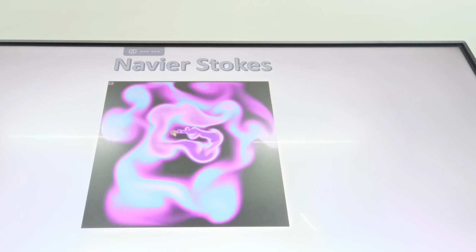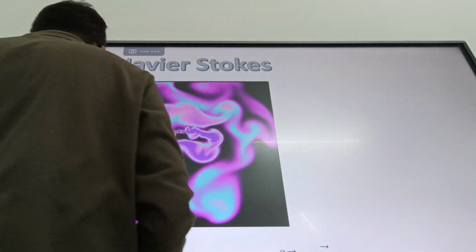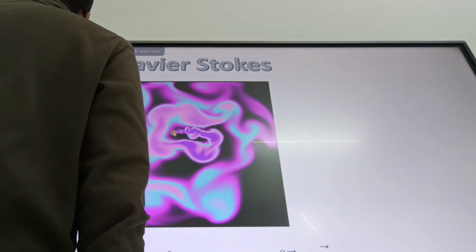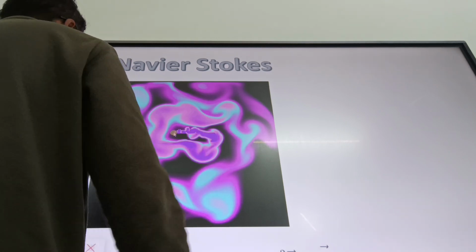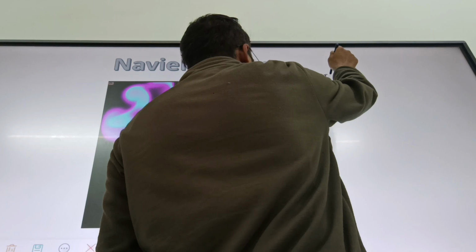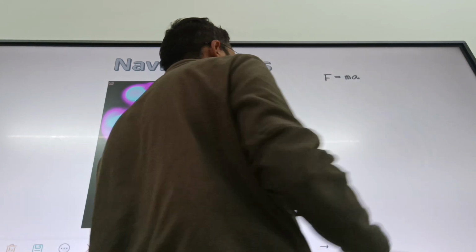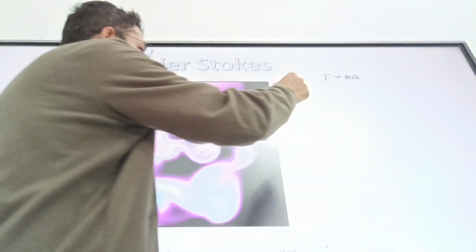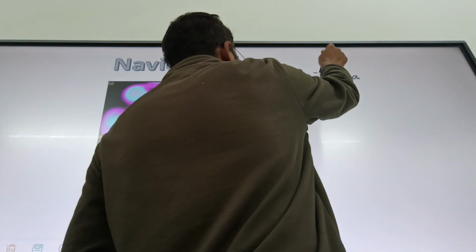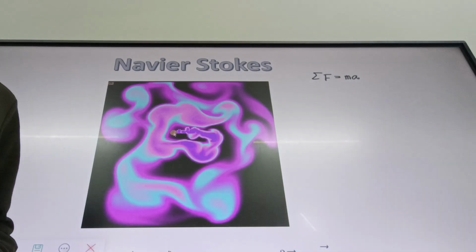So based upon Newton's second law, F is equal to ma. But in the case of Navier Stokes equation, the only difference is that this F is now a summation, not a single F, right?